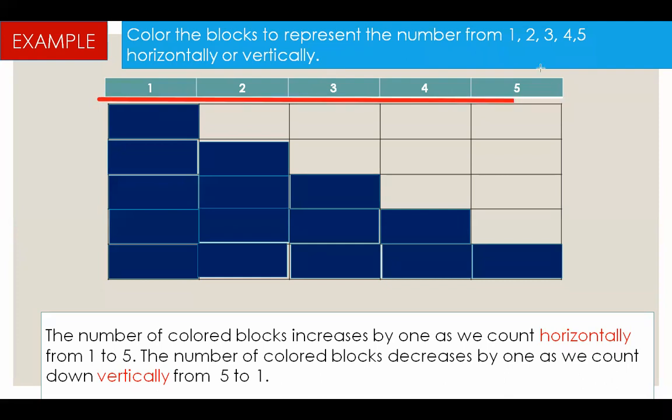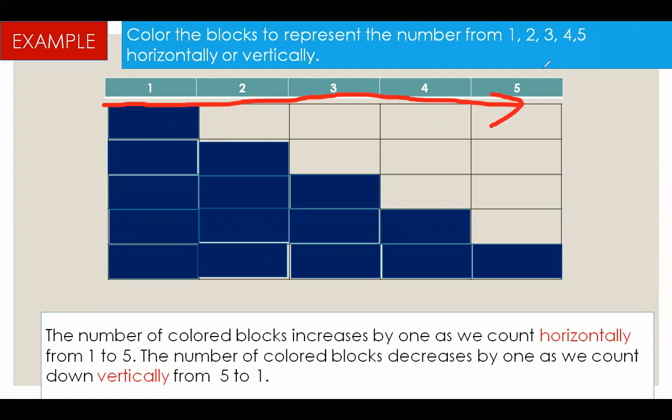So we have to count 1, 2, 1, 2, 3, 4, 5. So that means, students, the number of colored blocks increases by 1. Okay? Because we count it horizontally. All right? Remember, we count it horizontally from 1 up until 5.